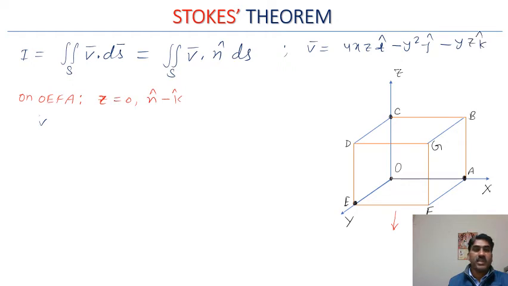So V dot n is minus V dot k, because n is equal to minus k.